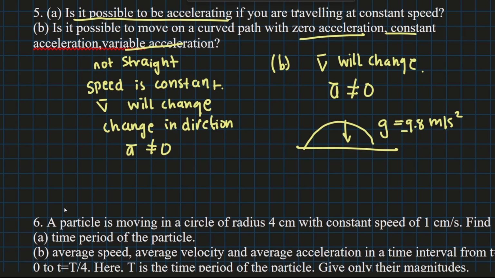So constant acceleration, yes, it is possible. It is a curvilinear path, and also the acceleration is constant. While variable acceleration is always possible because the direction is changing. So variable acceleration is also possible.